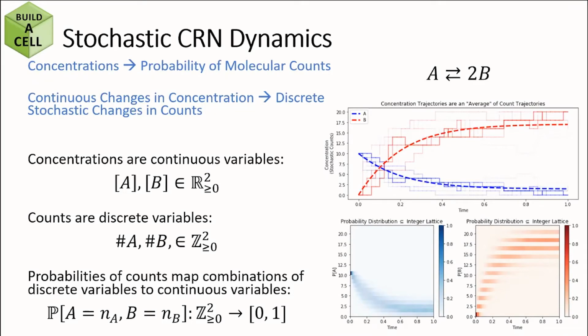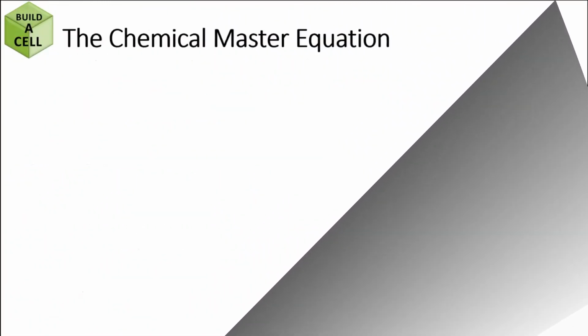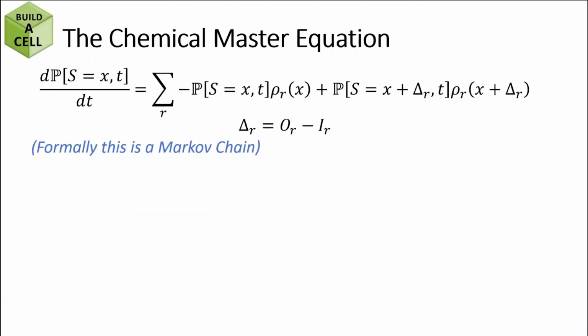And we can write this down as an equation called the chemical master equation. So again, we have this probability vector of given some counts x, which is a big vector. There are lots of different numbers of molecules I could have, potentially infinite.